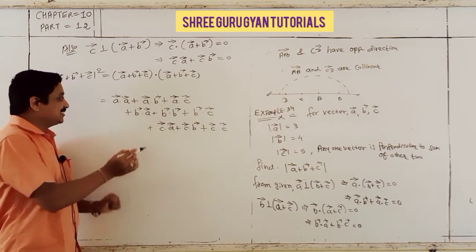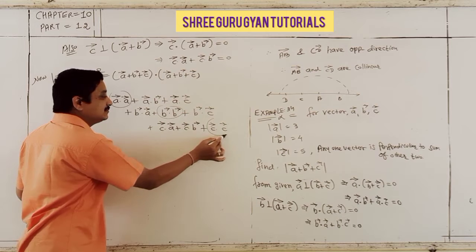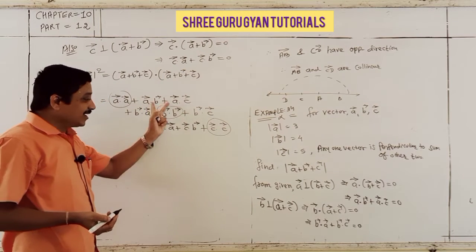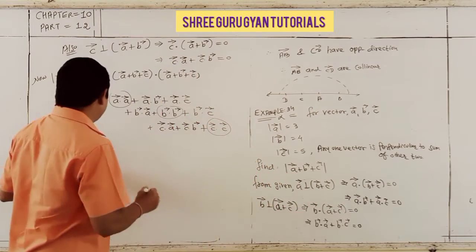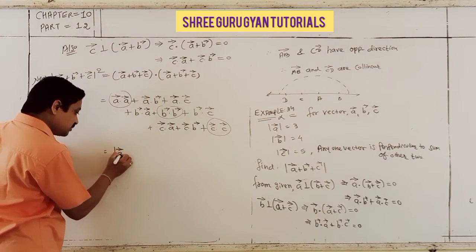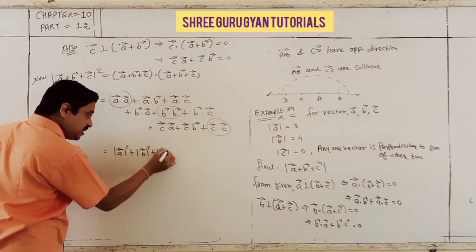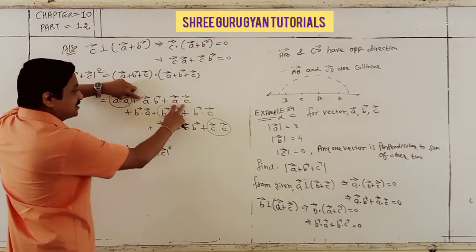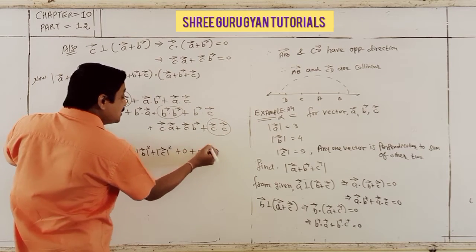Students, you know very well that the dot product of a vector with itself is its magnitude whole square, and the other pairs are 0. So we can write A magnitude whole square, B, C, and the other pairs AB and AC become 0, and the other pair also 0.